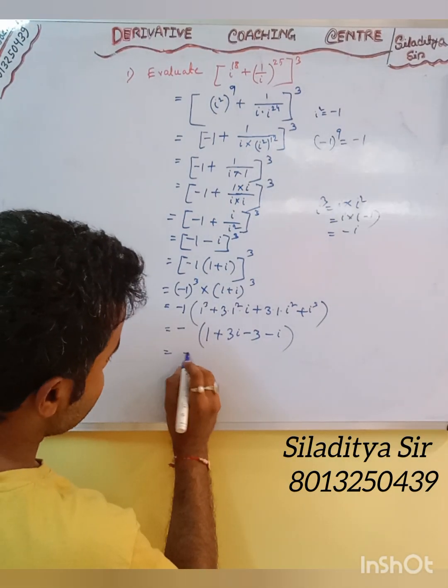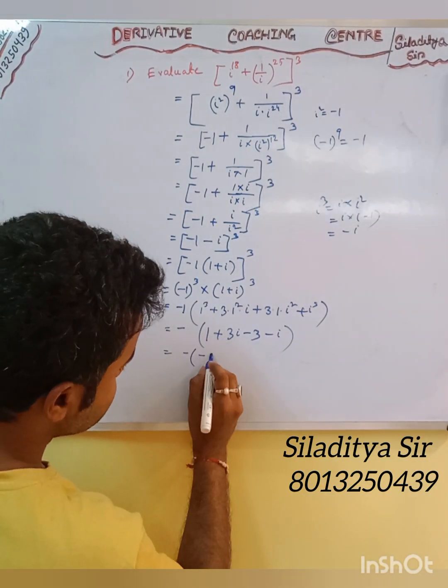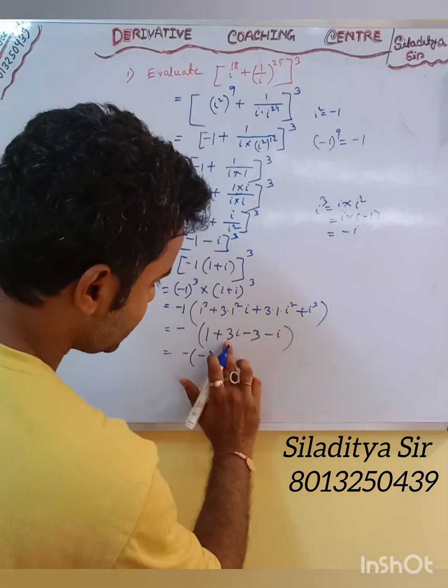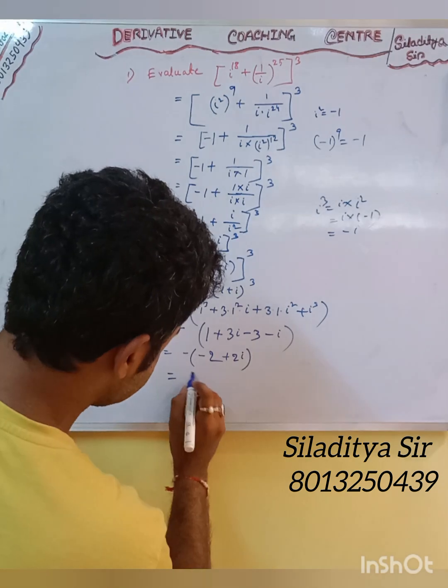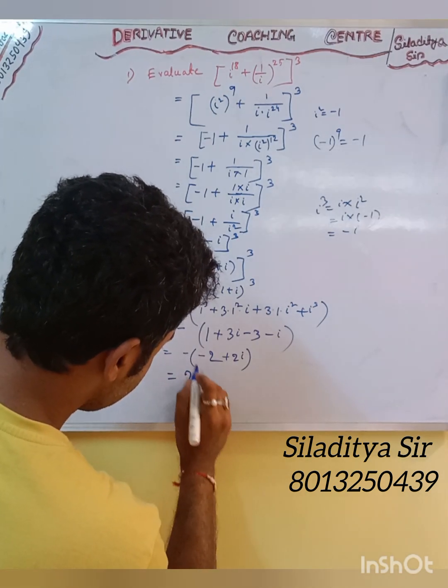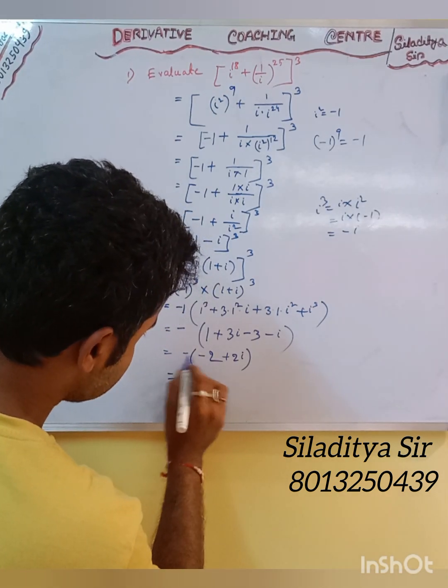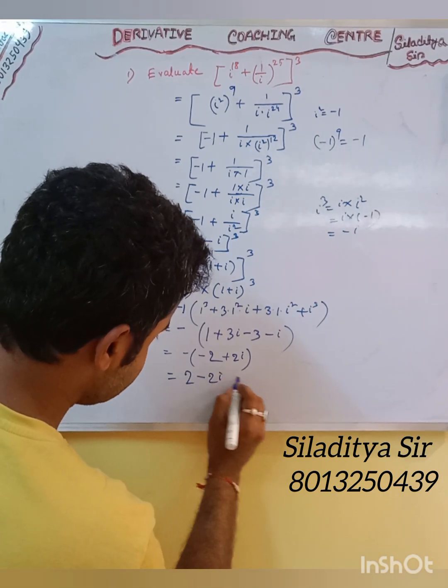So that is minus 1 minus 3, that is minus 2, plus 3i minus i, that is plus 2i, so minus (minus 2 plus 2i), that is 2 minus 2i. That is the answer.